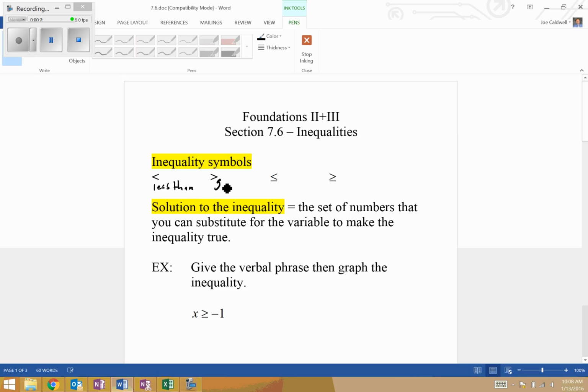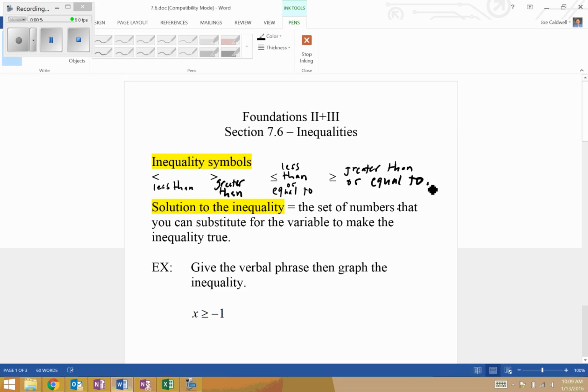We have the greater than symbol. We have the less than, and then when there's a line under it, it also means it could be equal to, less than or equal to, and this means greater than or equal to.